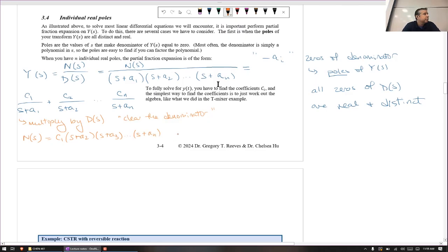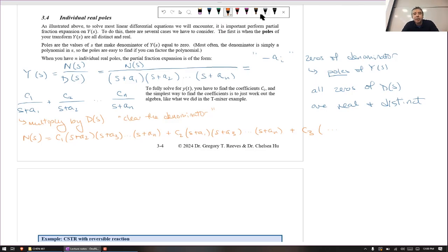That was C1, plus C2 times the quantity s plus a1 times s plus a3 dot dot dot all the way up to s plus a sub n, plus C3 times the quantity, etc., etc. So what clearing the denominator did is it gives me a coefficient times a bunch of binomials plus a second coefficient times a bunch of binomials, etc.